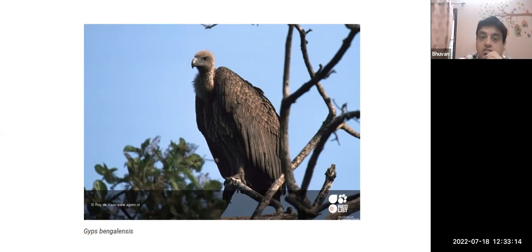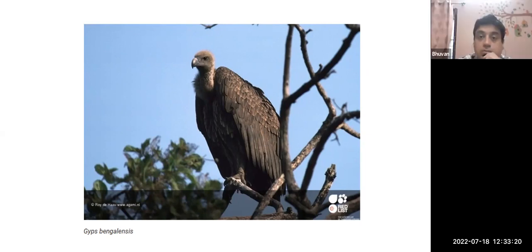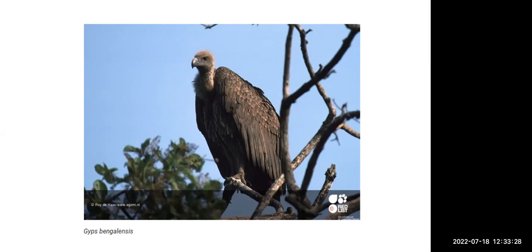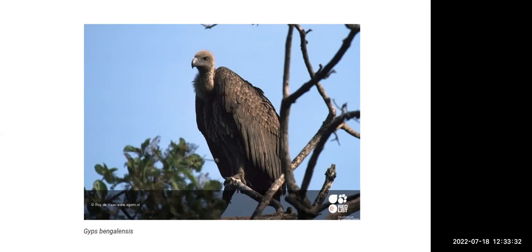The vultures waited for the dead cattle bodies and consumed their meat. When these diclofenac-treated cattle died and were consumed by the vultures, the vultures started dying for unknown reasons.